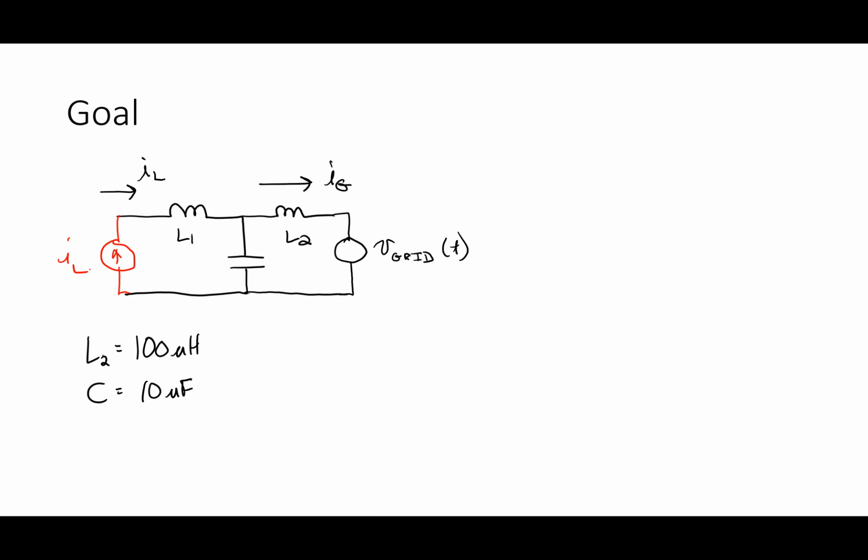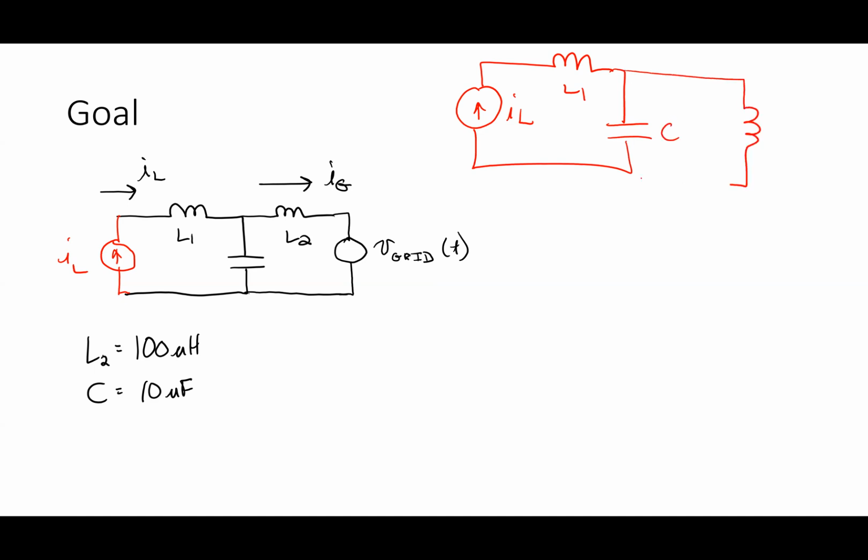Technically, I use superposition. I get rid of that V grid, right? What would V grid be? Well, that would be whatever the grid has. So if I did superposition, I have IL here. I have this inductor L1, and then I would have L2 here.